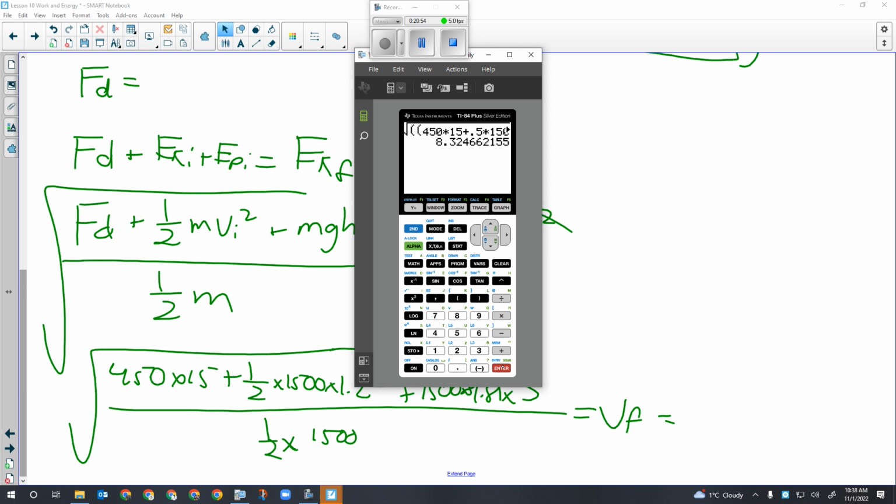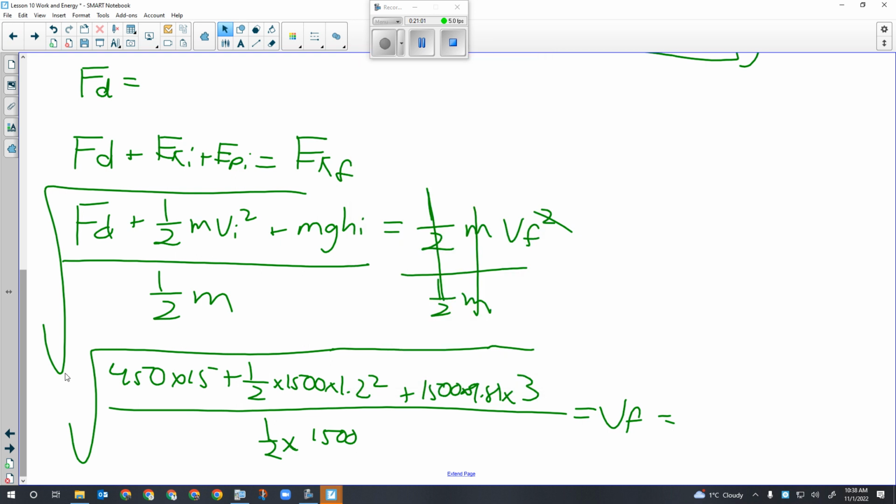Okay, so at the bottom of the ramp, this thing is moving at 8.3 meters per second. Does that fit? Should it be going faster? Should be going faster than 1.2 for sure. It would go faster even if I didn't push it, but if I didn't push it, it wouldn't be going this fast. It'd be going a little slower than this.